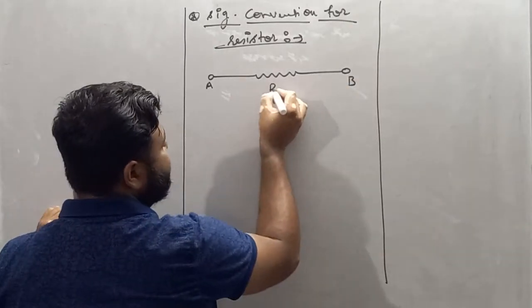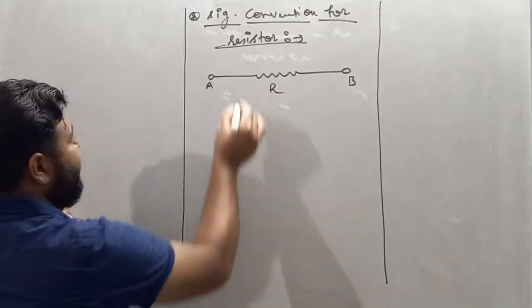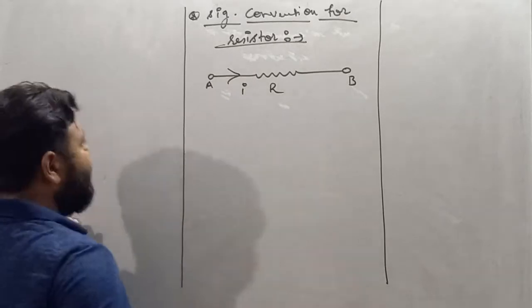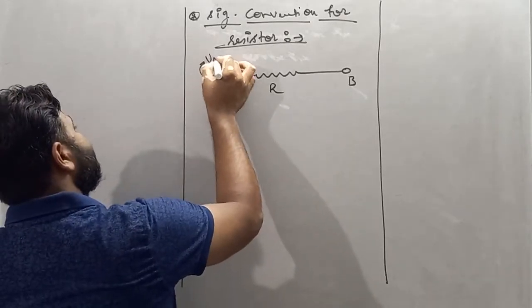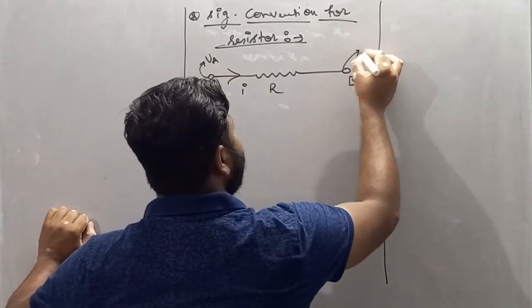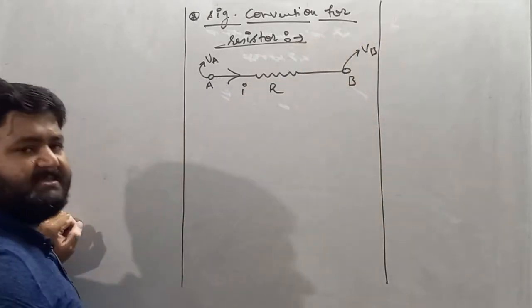Let's suppose the resistance of the resistor is R, in which current I is flowing, and let's suppose the potential of point A is VA and the potential of point B is VB.